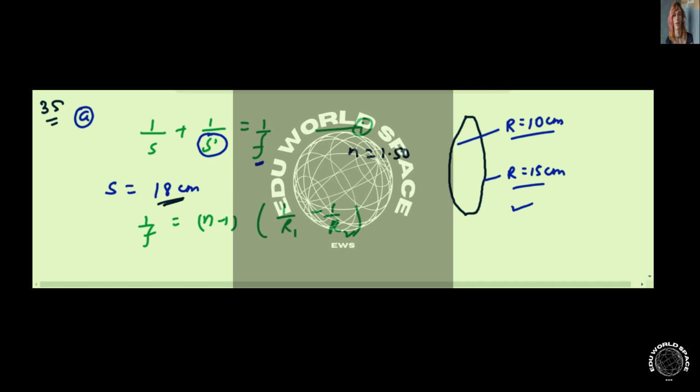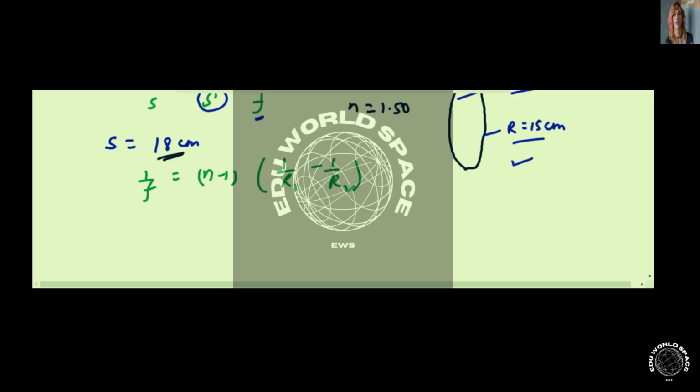We can see that the first curvature is 10 centimeters and the second curvature is 15 centimeters. We have everything, so let us calculate: 1 by f equals 1.50 minus 1, times 1 by 10 minus 1 by 15.